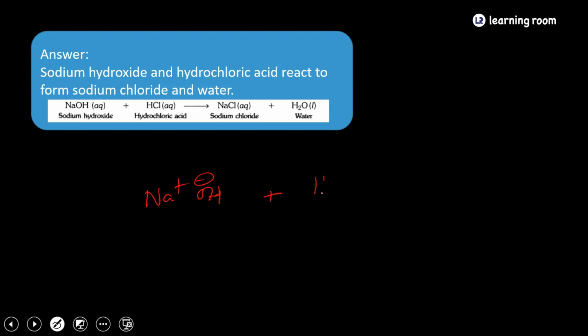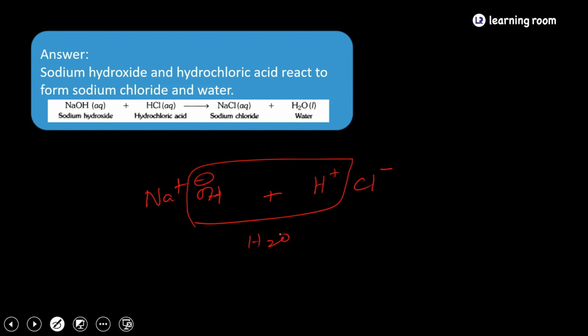Then you have HCl, H plus and Cl minus. What will happen? This H plus and OH minus give water, and Na plus and Cl minus give NaCl. These two together are liquid, because sodium chloride is soluble in water. That's why they put aq, aqueous. So that aqueous solution which contains water plus sodium chloride is called a double decomposition reaction.